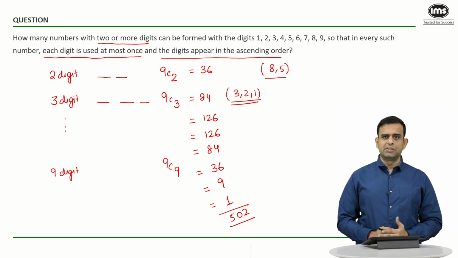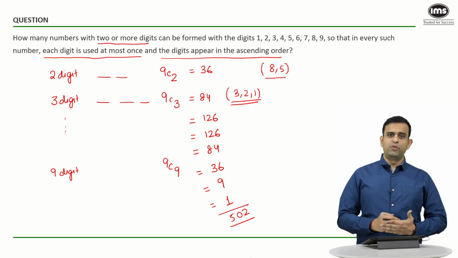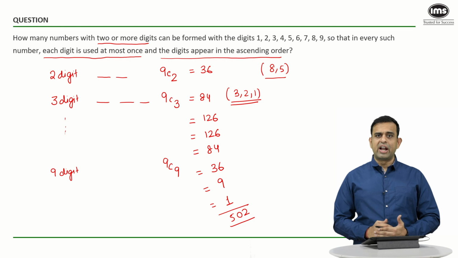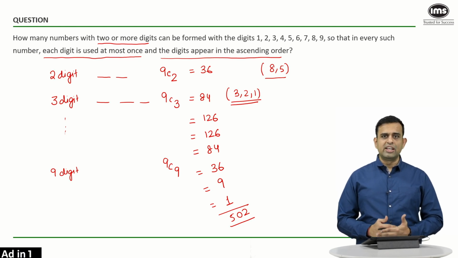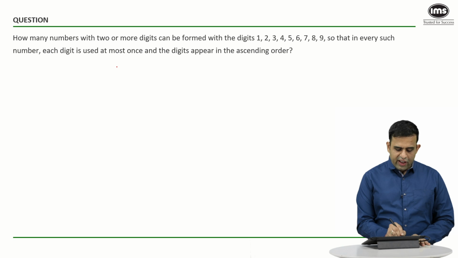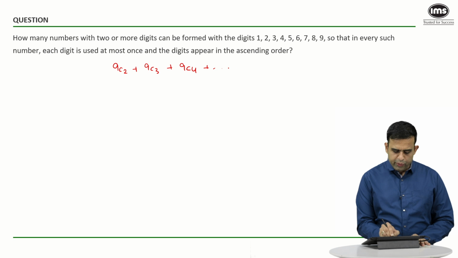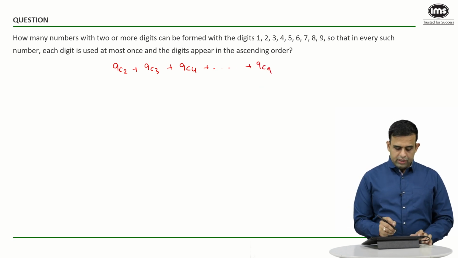Now, instead of finding the value of each term and adding them up, do I have another method? And the answer is yes. Since the objective was to find the value of 9C2 plus 9C3 plus 9C4 up to 9C9, we can use a property.